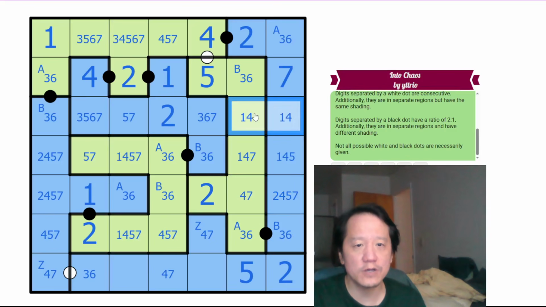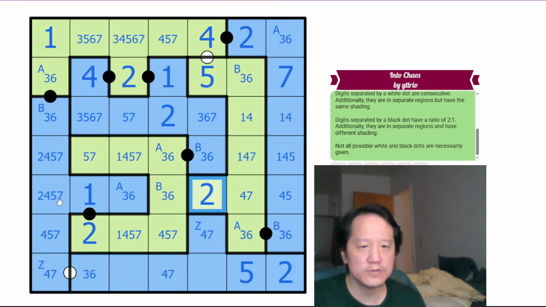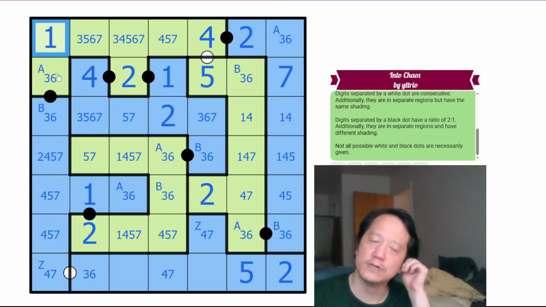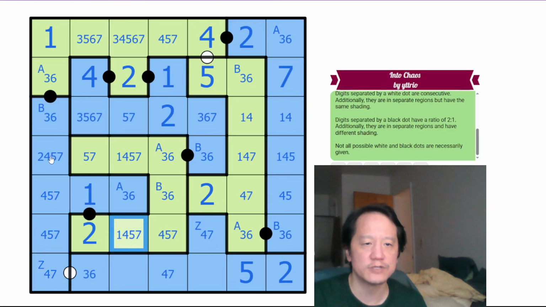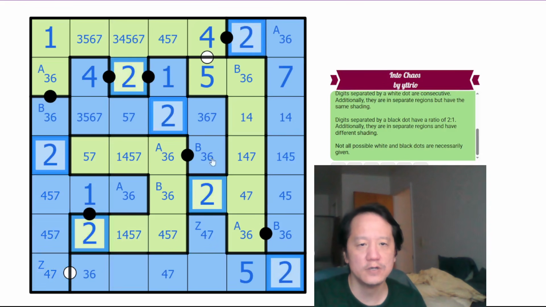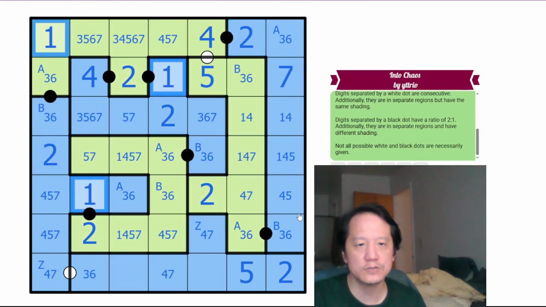1 and 4 here. No 2 here. This can't be 7, so this is 1, 4, 5. 2 eliminates 2 here. We have a 4, 5, 7 triplet in column 1, which eliminates 4, 5, and 7 in the rest of the column. So this is 2. That is 7 2s.